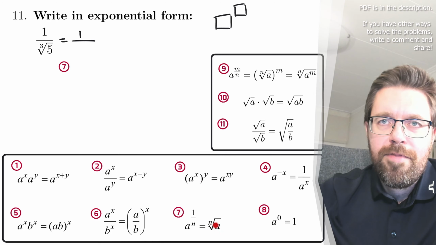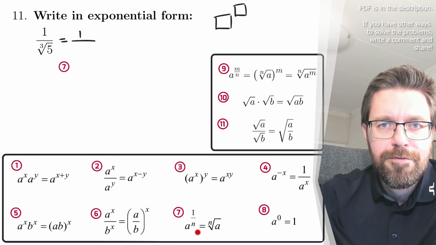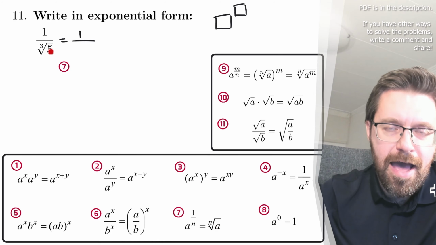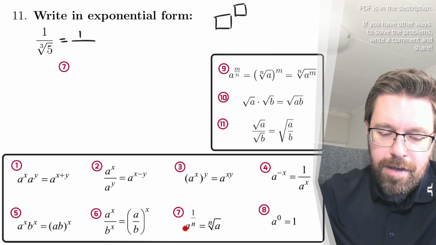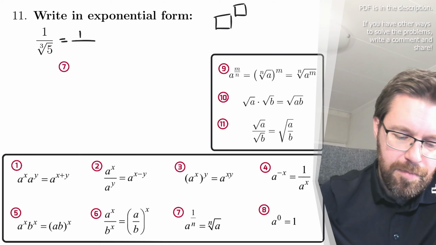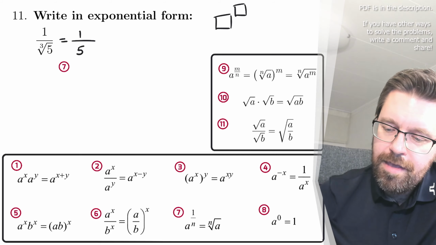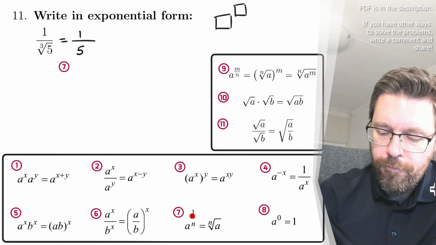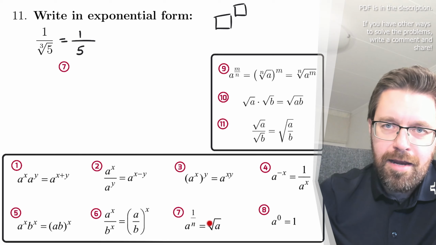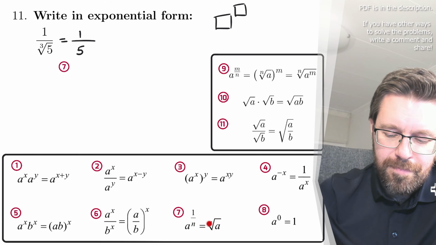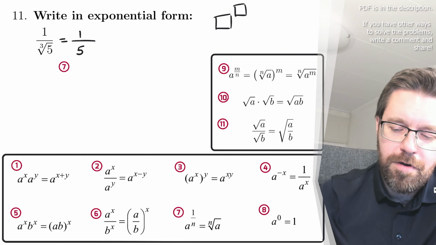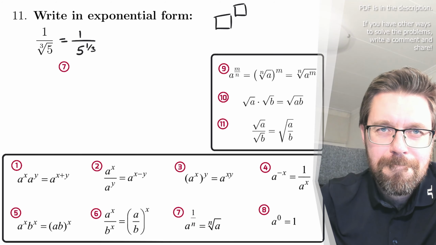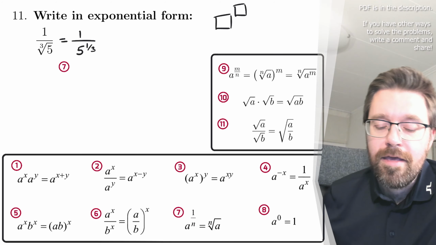If you take rule number 7 from right to left, then the number a here is our number 5. And the number a will become the base in the power. So I write a 5 here, and then you should write it raised to 1 over the number in the root. So 1 over 3 in our example. So like this. And then we have used rule number 7.